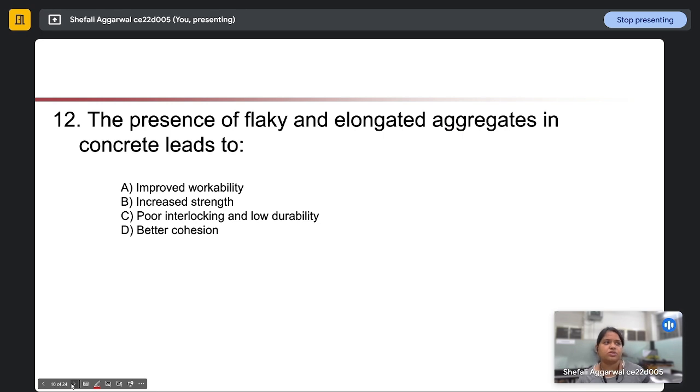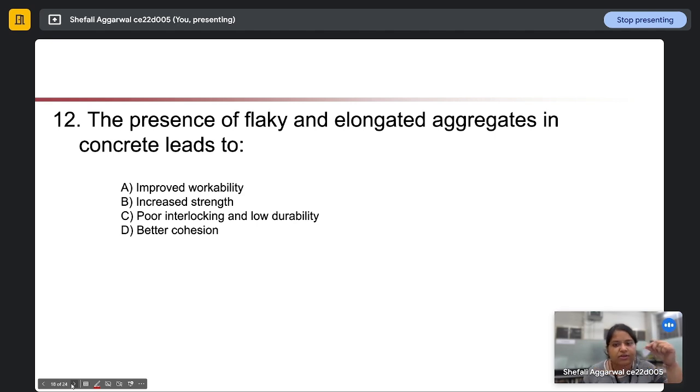Yes. So the next question is: the presence of flaky and elongated aggregates in concrete leads to improved workability, increasing strength, poor interlocking and low durability, or better cohesion. If you have heard in the lectures, we don't use flaky and elongated aggregates in our concrete. Why? Because flaky means very thin aggregates.